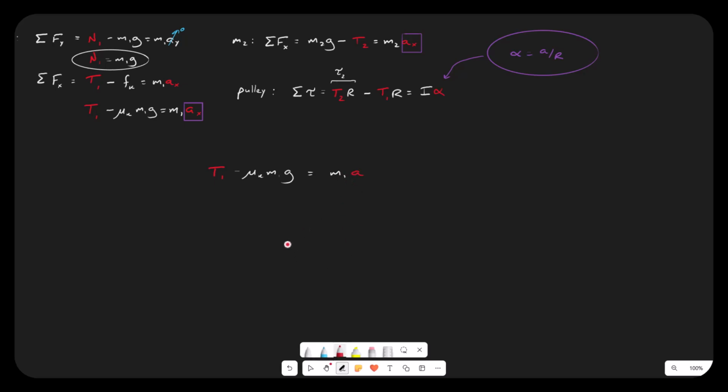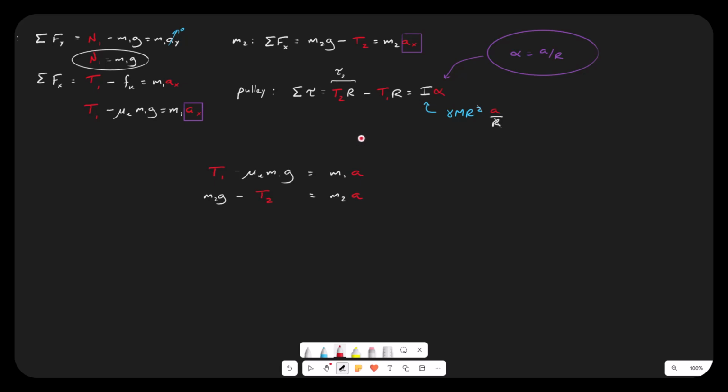I have a second equation, m2 g minus T2 equals m2 a. And for this one, when I plug all my items in, I is going to be gamma m r squared, and alpha is going to be a over r. I'm going to get one of those r's to cancel.